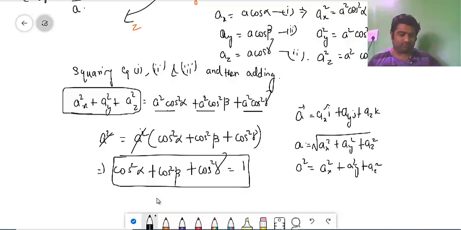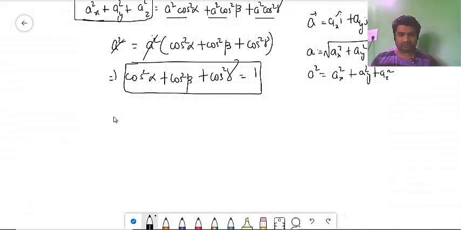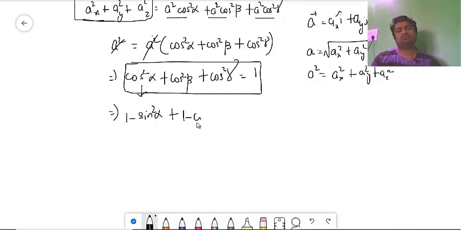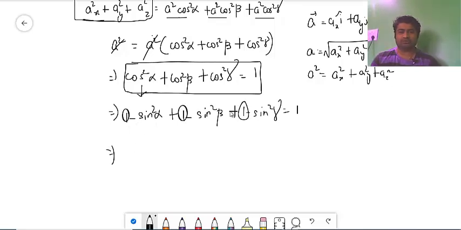Similarly, we can derive one more thing. Instead of this cos square alpha, can I write 1 minus sin square alpha, 1 minus sin square beta, 1 minus sin square gamma equals to 1. So ultimately how much you are getting? 1 plus 1 is 2, plus 1 is 3. That is simply 3 minus sin square alpha, minus sin square beta, minus sin square gamma equals to 1.